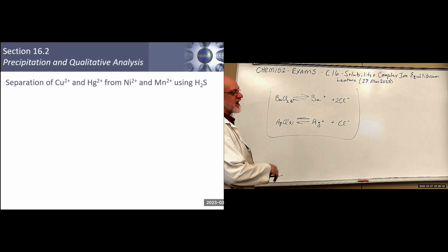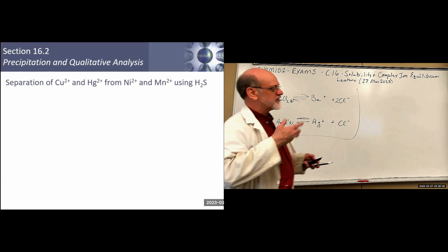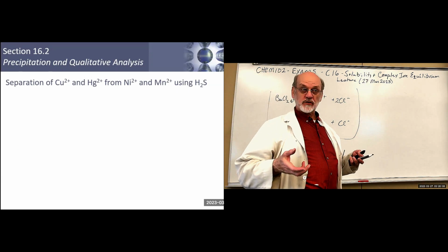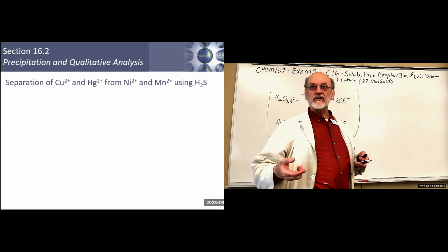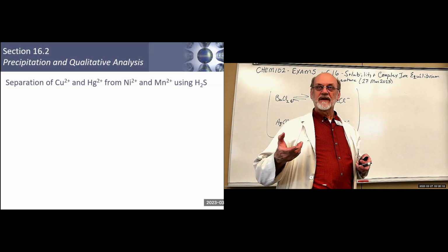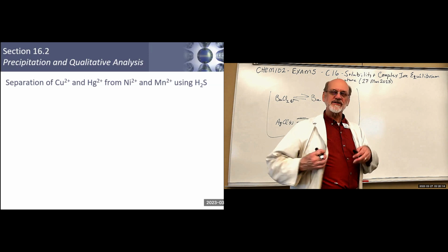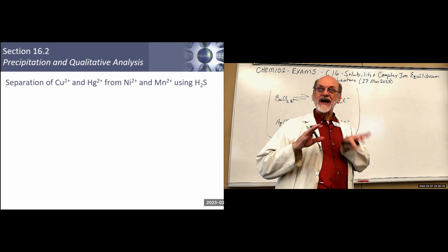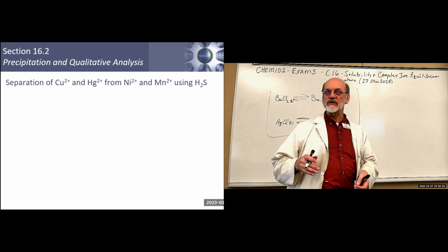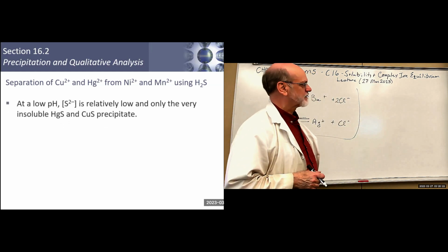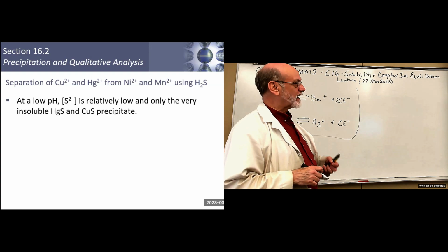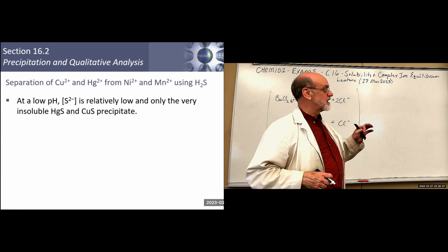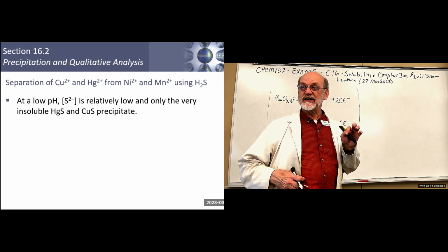Okay, so here we've got a mixture of copper 2+, mercury 2+, nickel 2+, and manganese 2+. And we're going to use hydrogen sulfide to selectively precipitate one or more of these out of that solution. So how do we do it? Well, at a low, acidic pH, the concentration of sulfide ion is very low.